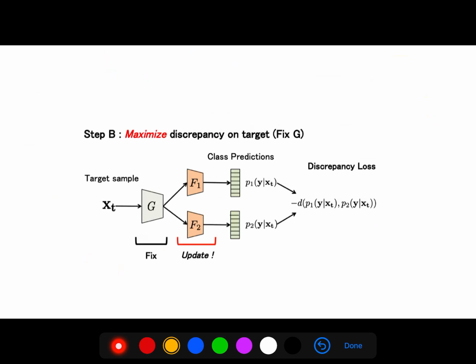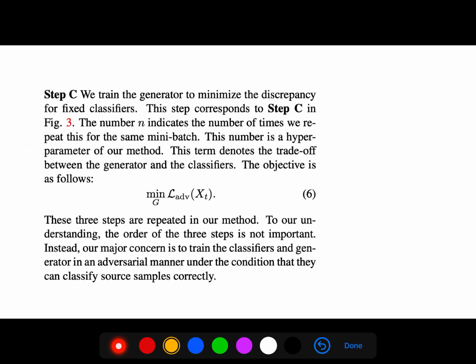And in step C, which is the final step, we train the generator to minimize the discrepancy for fixed classifiers. This step corresponds to step C. The number n indicates the number of times we repeat this for the same mini-batch. This number is a hyperparameter.